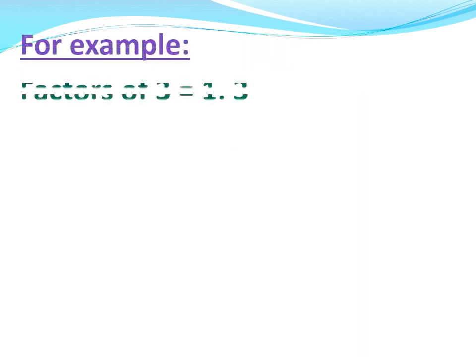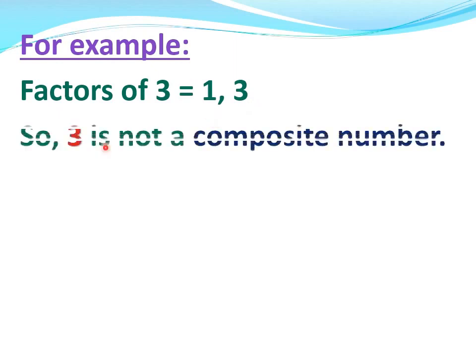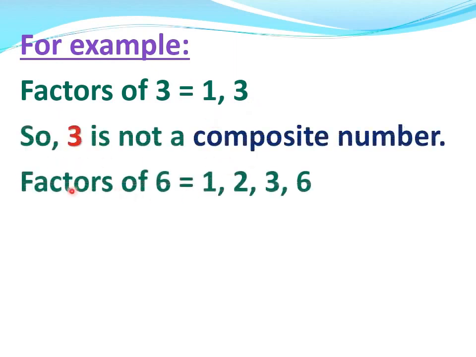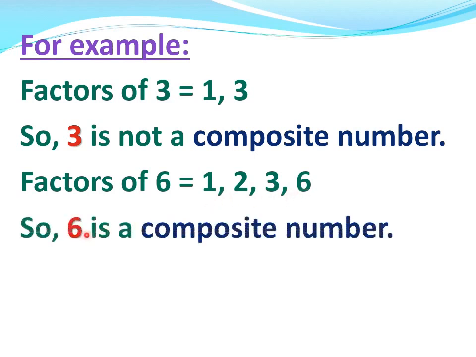For example, factors of 3 equal 1 and 3. So 3 is not a composite number. Now write factors of 6 equal 1, 2, 3 and 6. There are more than 2 factors. So 6 is a composite number.